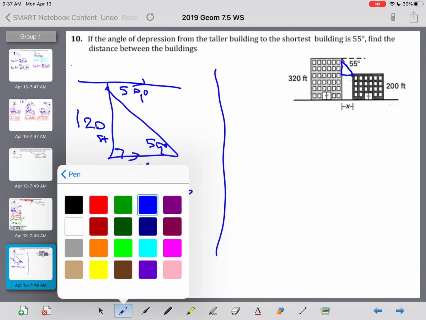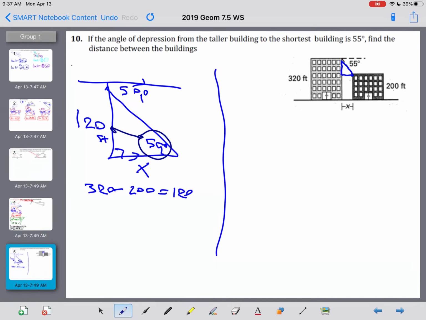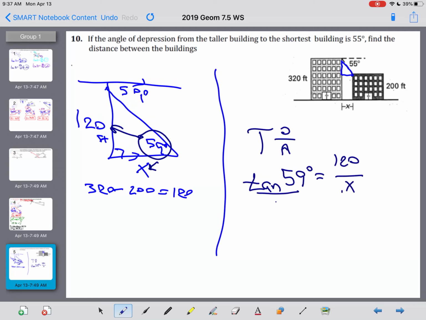So now with these three pieces, we can say I've got this across from that and adjacent to this thing. So again, it's going to be TOA. So we're going to say that the tangent of 59 degrees equals 120 over x. And if we go ahead and do tangent of 59 on the calculator, we're going to get 1.66 for that.